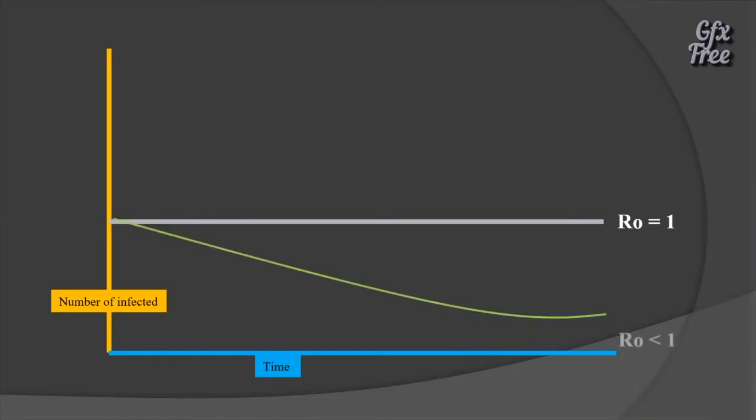If R0 is less than 1, it says that the infection period is less. And if R0 is more than 1, it says that an increased number of individuals are getting infection from one single person.